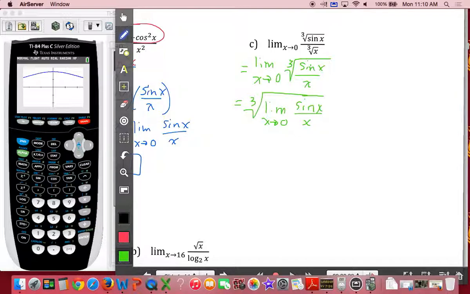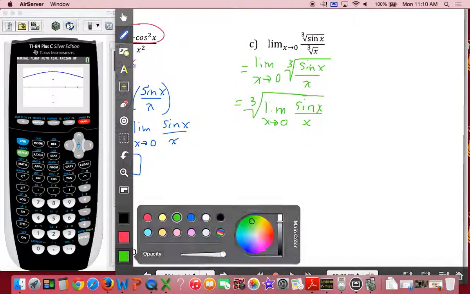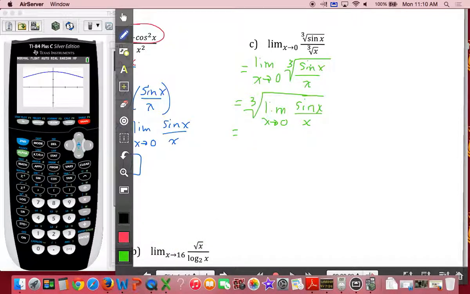That cube root comes out in front. You're actually taking the limit of the sine of x over x, which is what? What's that limit? What's the limit of what's underneath the root? 1. So we're taking the cube root of 1, which is 1. So actually, when I physically take the limit, that's when the limit notation drops off.